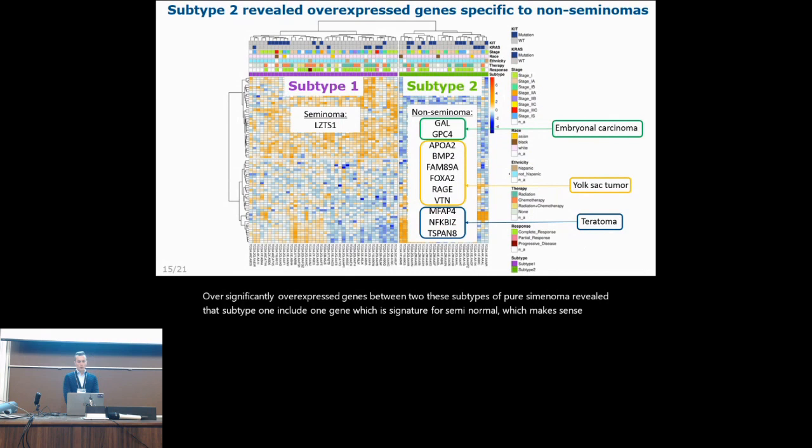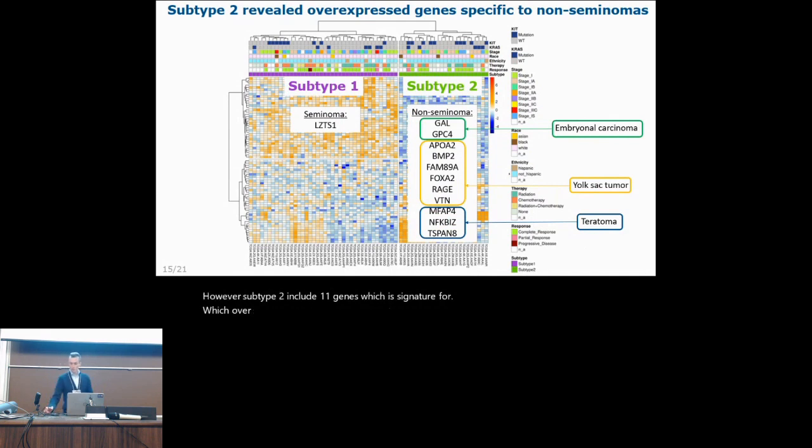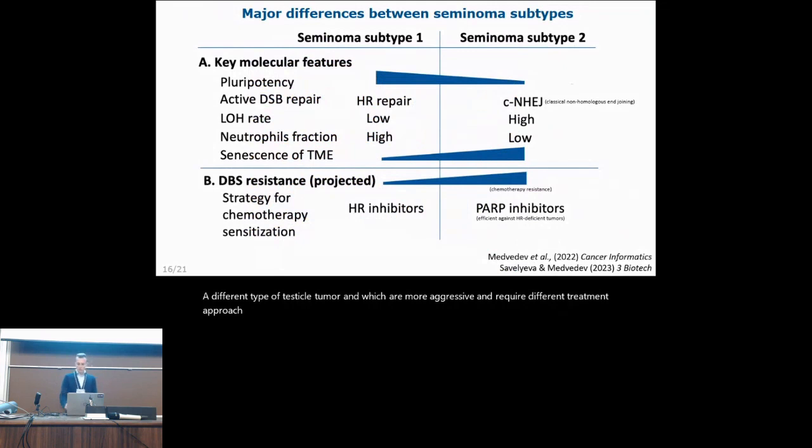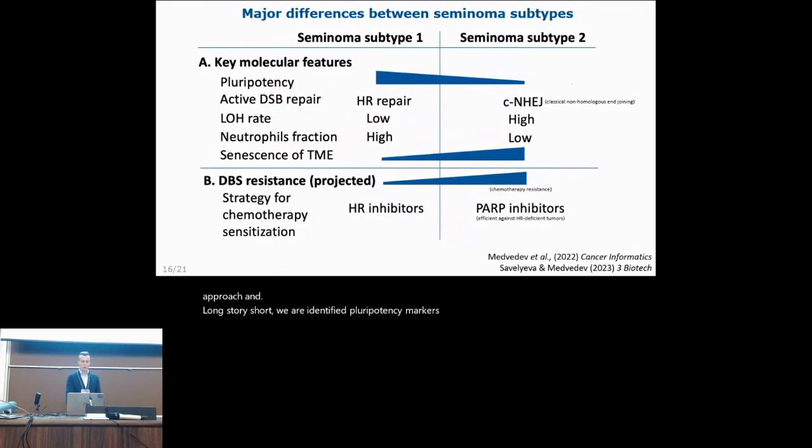However, subtype 2 includes 11 genes whose overexpression is a signature for non-seminomatous germ cell tumors, which are a different type of testicular germ cell tumor, more aggressive and requiring a different treatment approach. And long story short, we identified pluripotency markers and showed that the rate of pluripotency is different between these two subtypes.